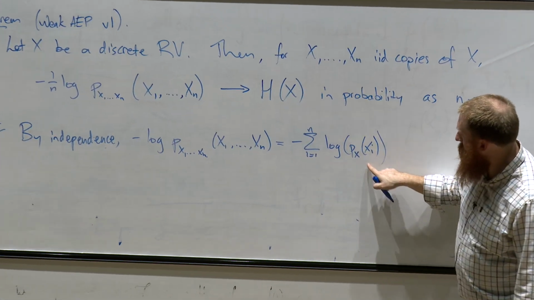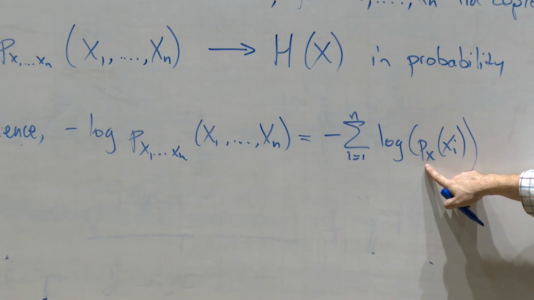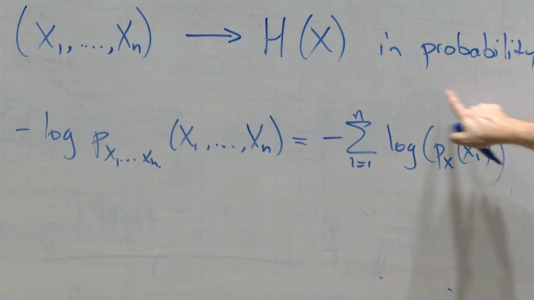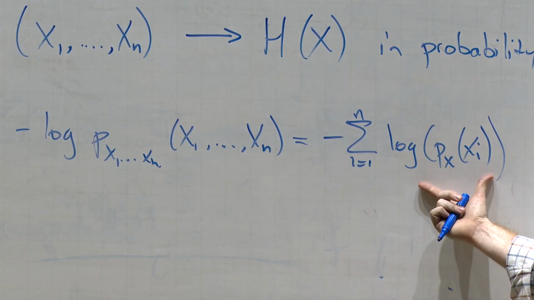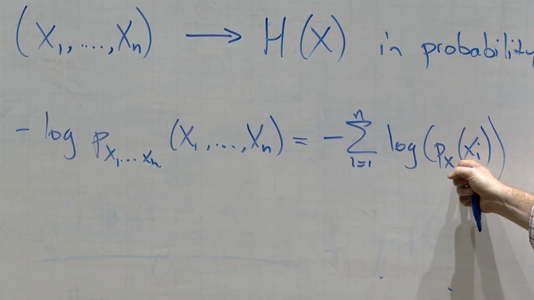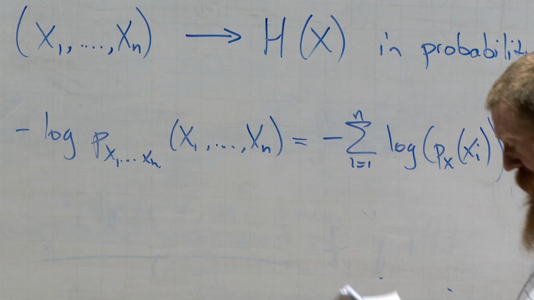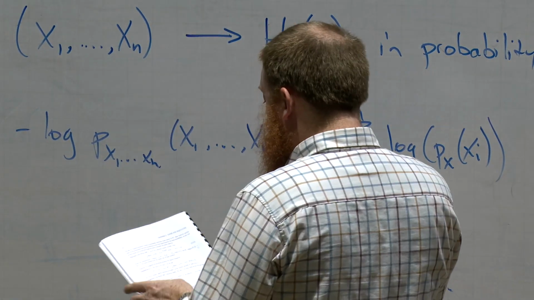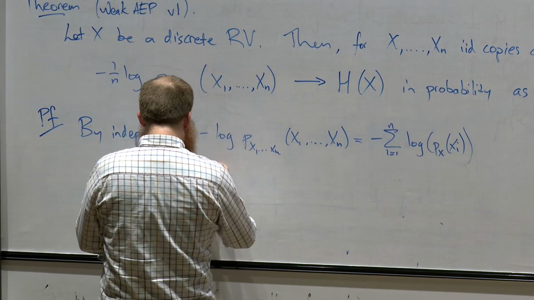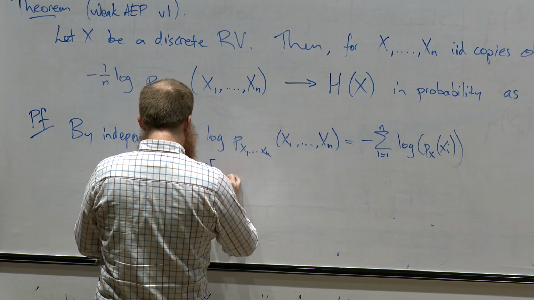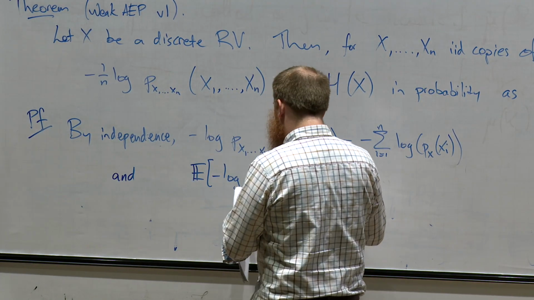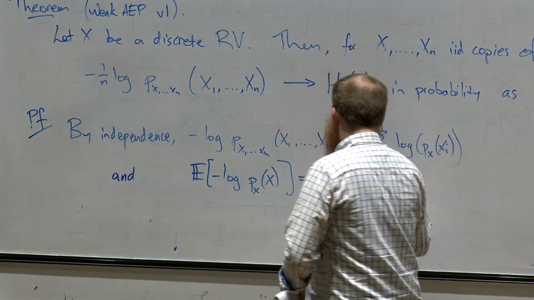And they're identically distributed, so it's the same function for all of them. But now I look at this and I go, hang on, these are themselves random variables. They're reasonably well-behaved random variables. It's just some function applied to xi. I am now taking a sum of them. We know that the expected value of minus log p_X of X, well, that was one of the representations we had for H(X).